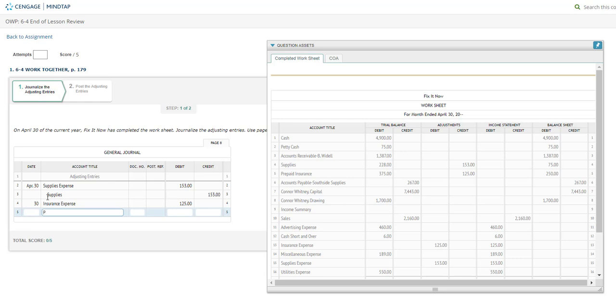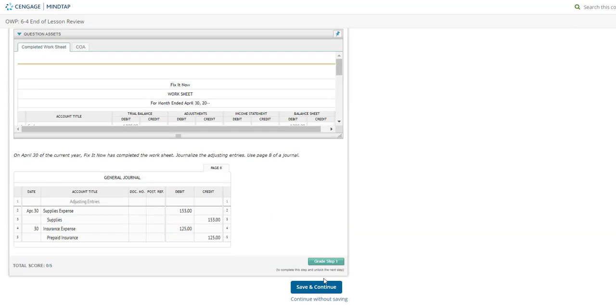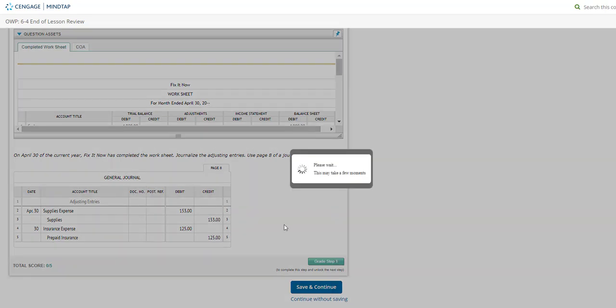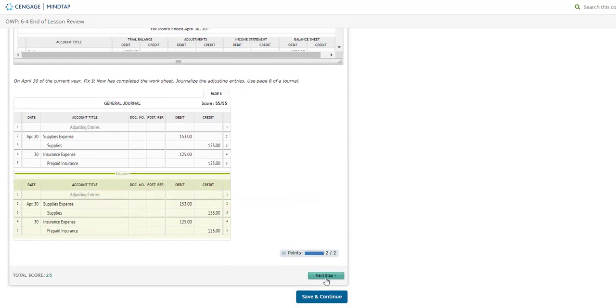And so that's what the prepaid insurance asset account was the other account to do with that. And let's go ahead and grade that step and then go on to our next page.